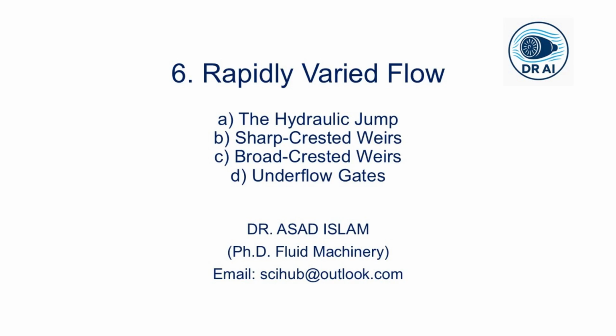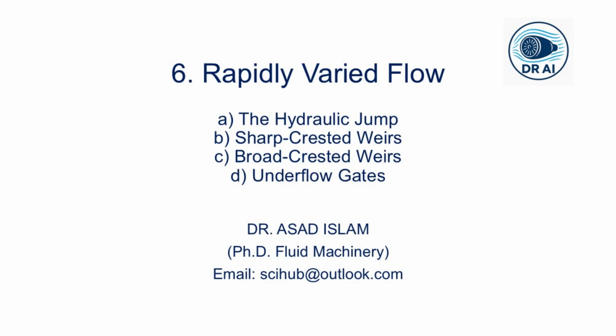We will also look at weirs and gates, structures that cause rapid changes in flow and are used to measure the flow rate. Gradually varied flow gives us smooth, continuous profiles, but rapidly varied flow gives us the discontinuities, the jumps, and the flow control structures. Together they provide a complete picture of how water behaves in an open channel.